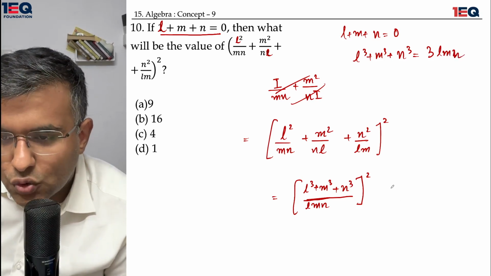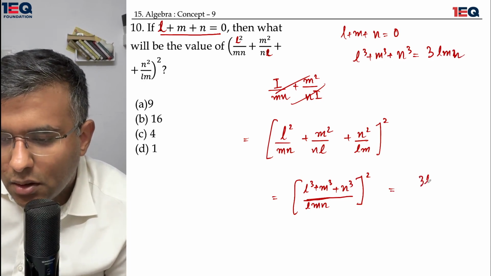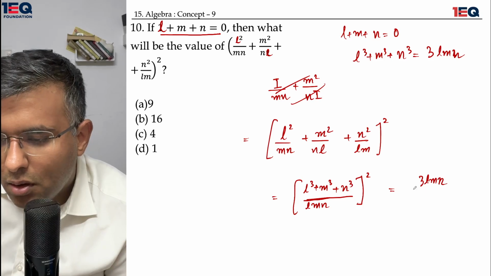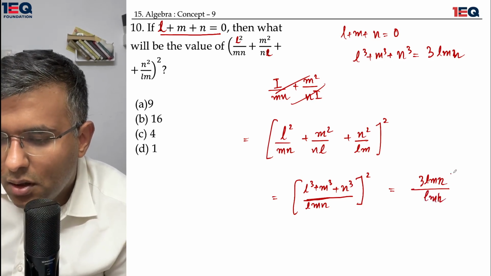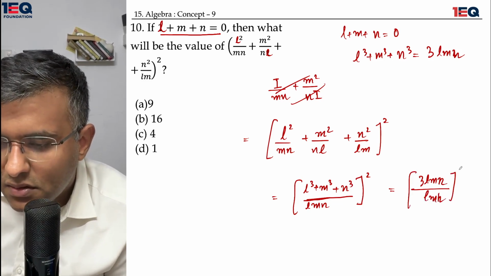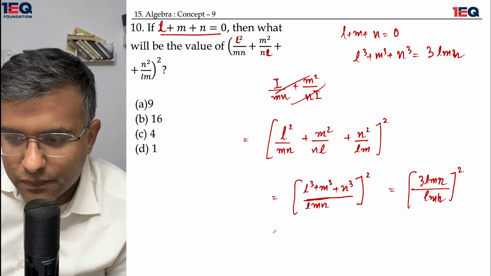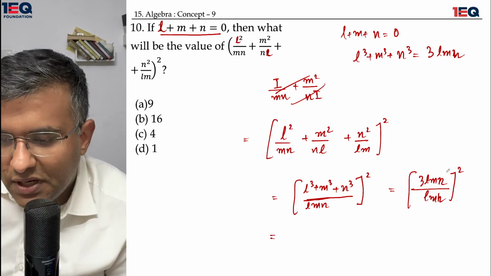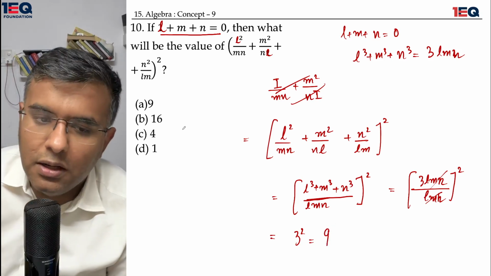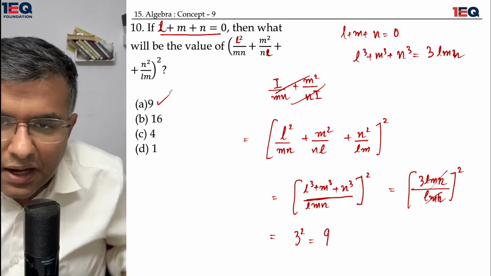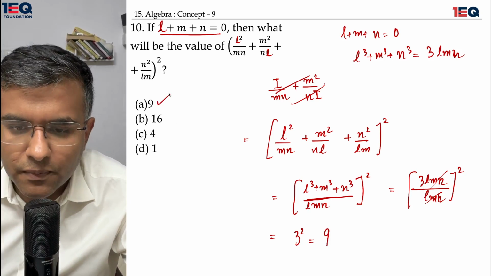So 3lmn being divided by lmn, with a square in the place. These two things would get cancelled out, and I would be left with 3 square, or simply 9. So 9 is my final answer here.